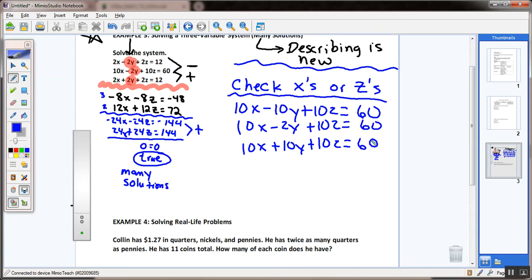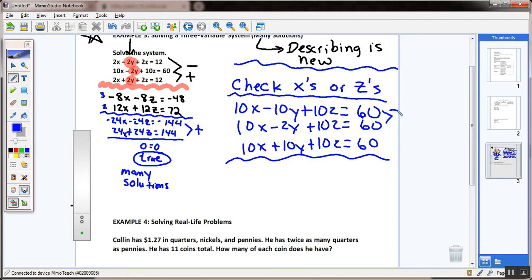Let's look at row 1 and row 2 again. Again, I only have to go through this if we end up saying, ooh, there's many solutions. The 10x's are the same here, so am I adding or subtracting, kids? Row 1, row 2, subtract. So 10x minus 10x, what is that? It's gone.